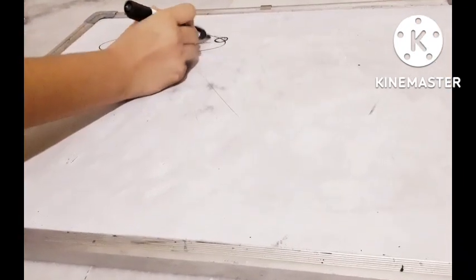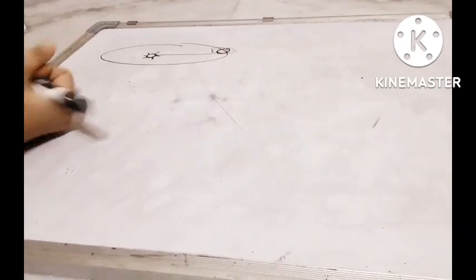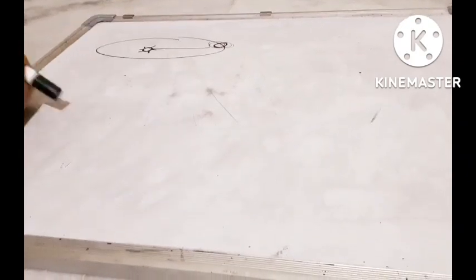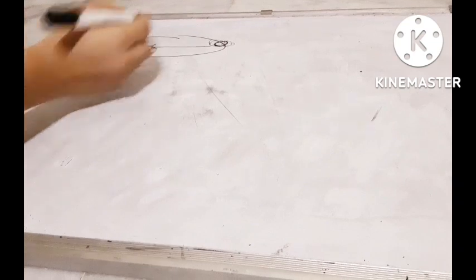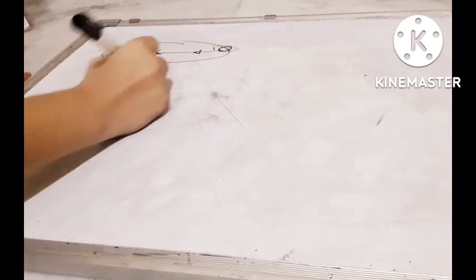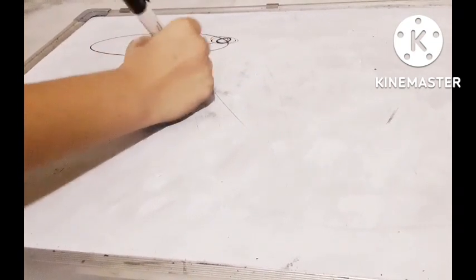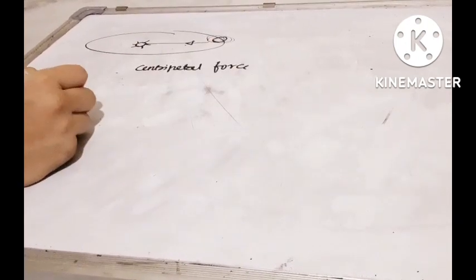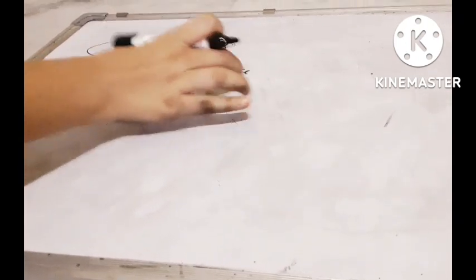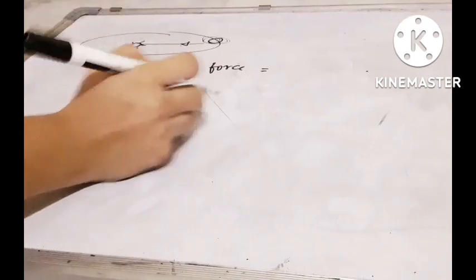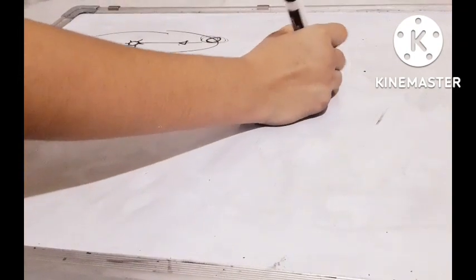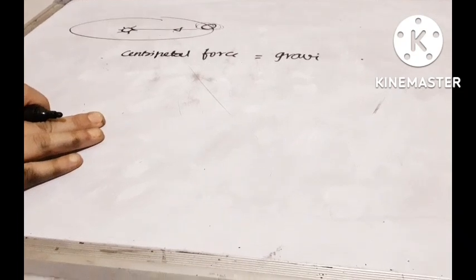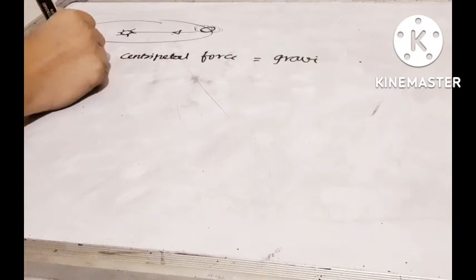So for revolving, these planets required some force. And from where does that force come? It will obviously come through the centripetal force, right? Because of that centripetal force only the planets are going to revolve. Now the centripetal force will be equal to the gravitational force, because centripetal force is not a new force, it is just a net force.